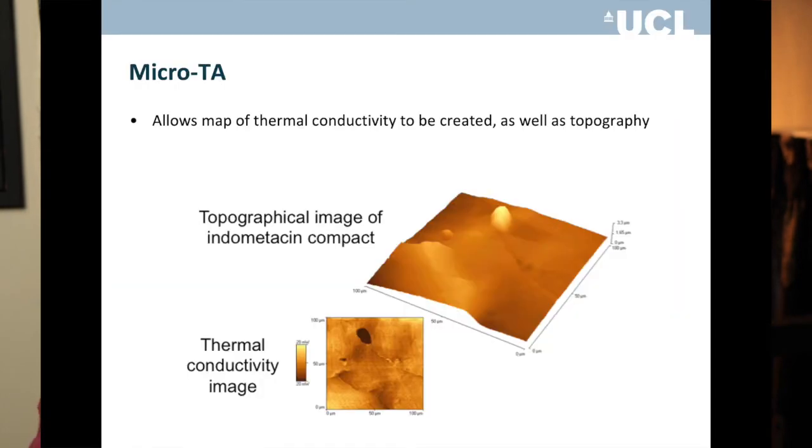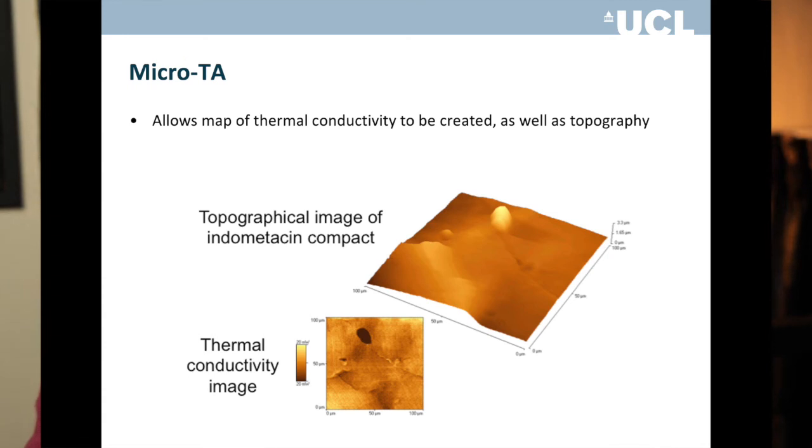If you then do a thermal conductivity map of the same section of the solid amorphous dispersion, that's shown as the square towards the bottom, you can see that where that lump was corresponds to the dark brown section on that image. The reason is that part of your system has a different thermal conductivity from the rest.